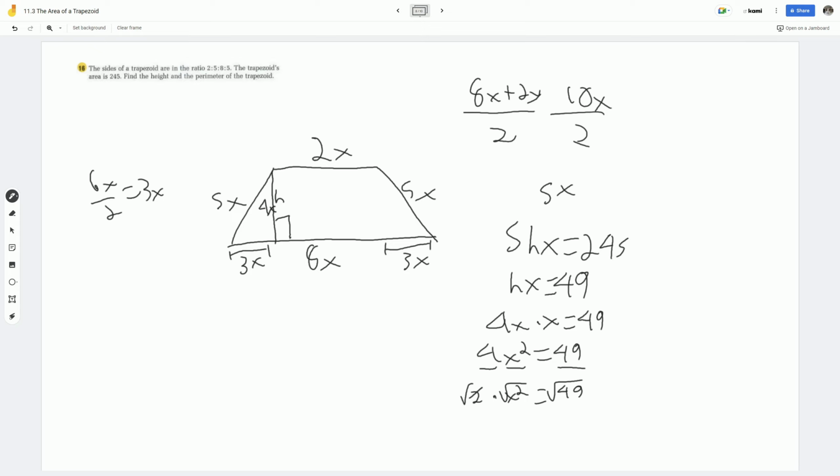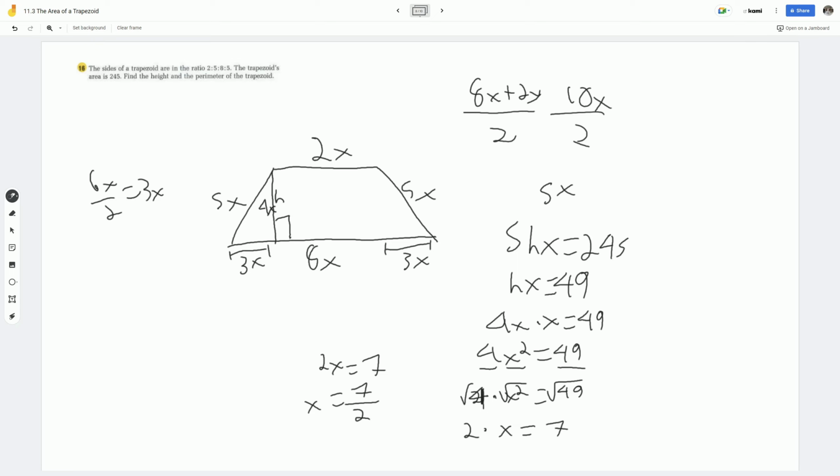So the square root of 4 is 2 times the square root of x squared, and the square root of any square number is just the number. So 2 times x is equal to the square root of 49, which is 7. 2x is equal to 7. X is equal to 7 over 2. So now we know what x is.